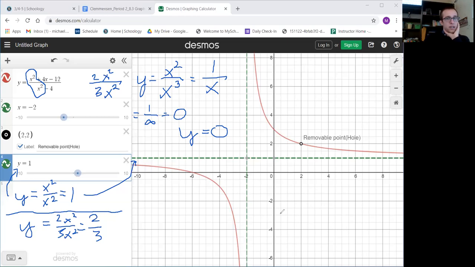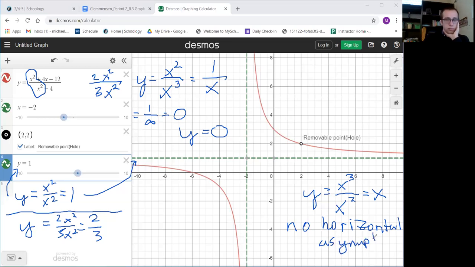Lastly, when it's the other way around, we have y equals x cubed over x squared, let's say, we end up with just a regular x. There is no horizontal asymptote. All right.